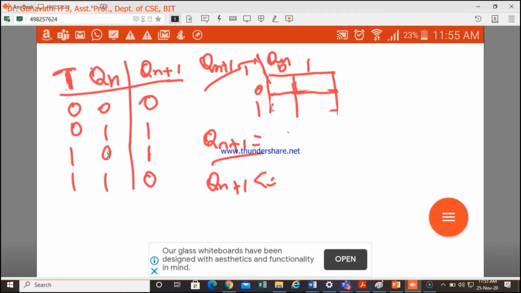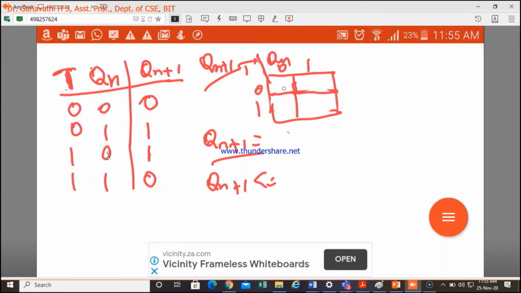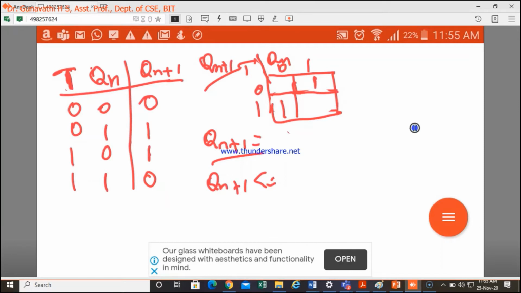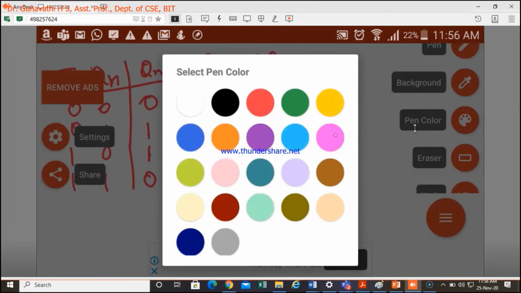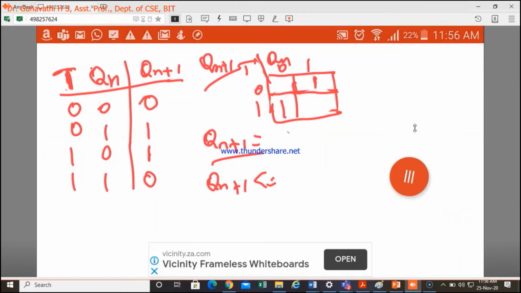So write the entries into the K-map now. So 0, 1, 1, 0. So you have written the entries. Do the grouping. You can't do the grouping here, as it is diagonally written, right? So you can't do the grouping; they are individual, isolated ones. When they are isolated ones, they can't be left unattended. They have to be grouped.